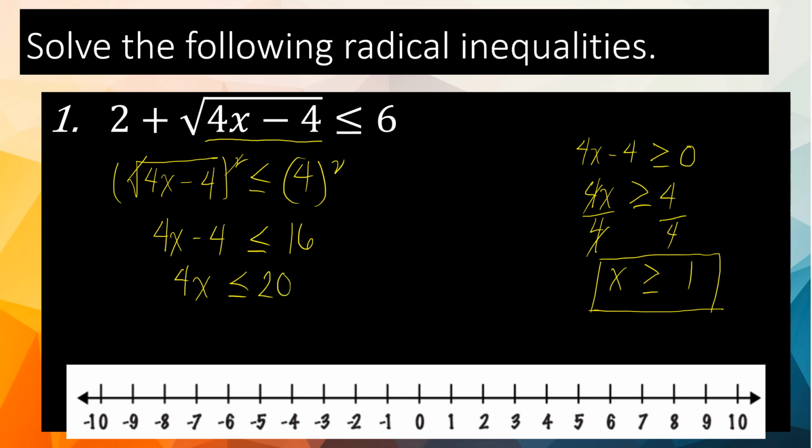Now divide both sides by 4. So x is less than or equal to 20 divided by 4, which is 5. So now we have here two inequalities. The first one is x is less than or equal to 5, and the other one is x is greater than or equal to 1.